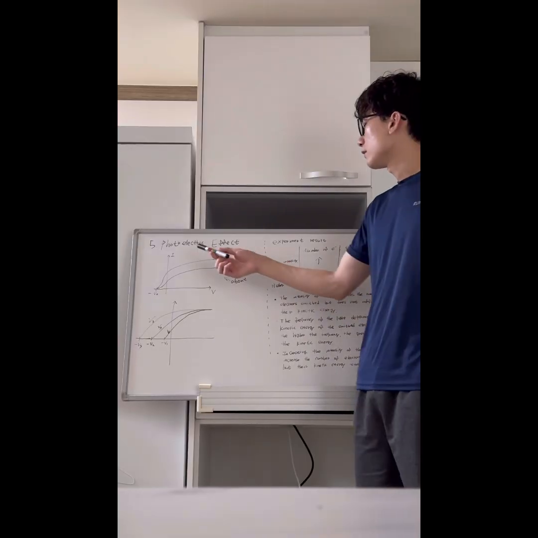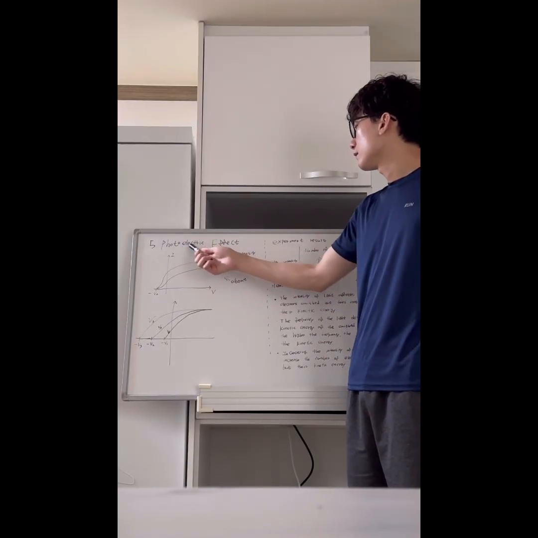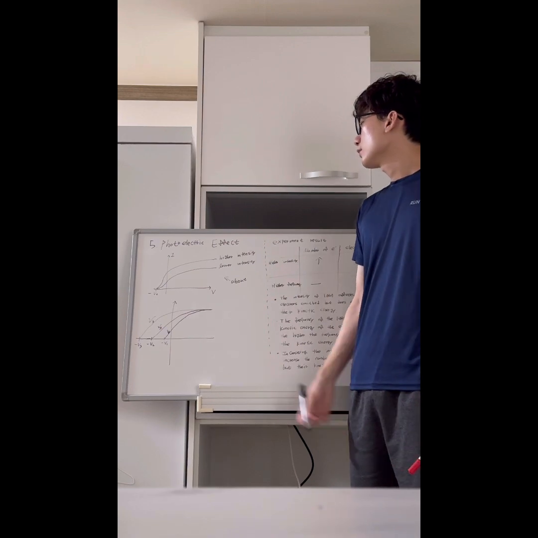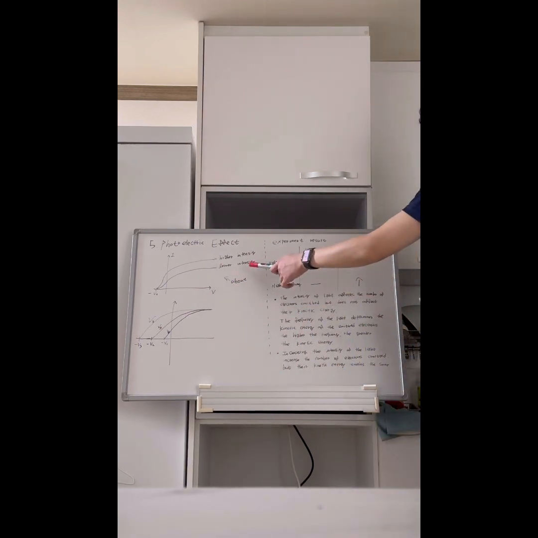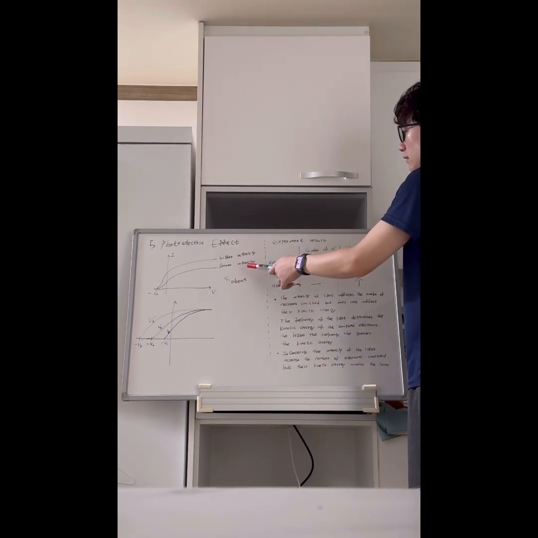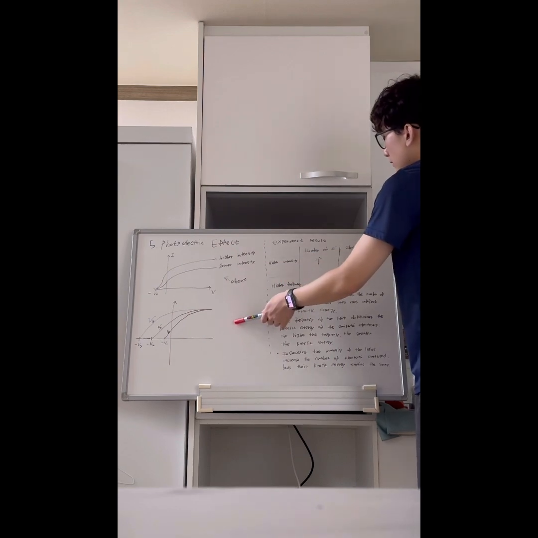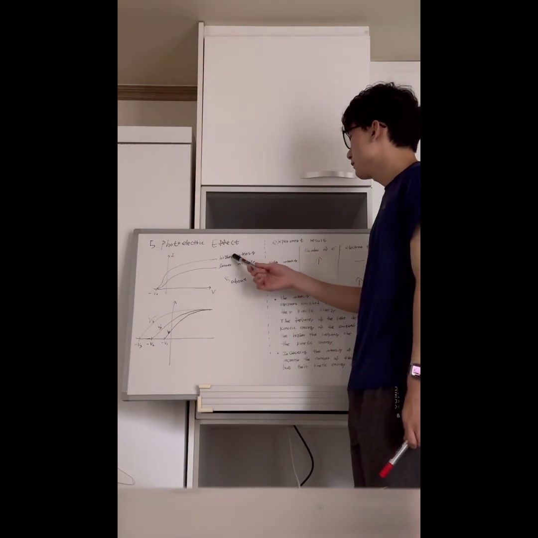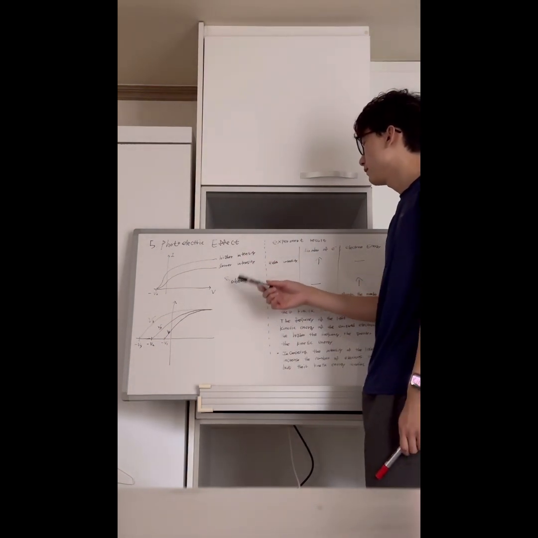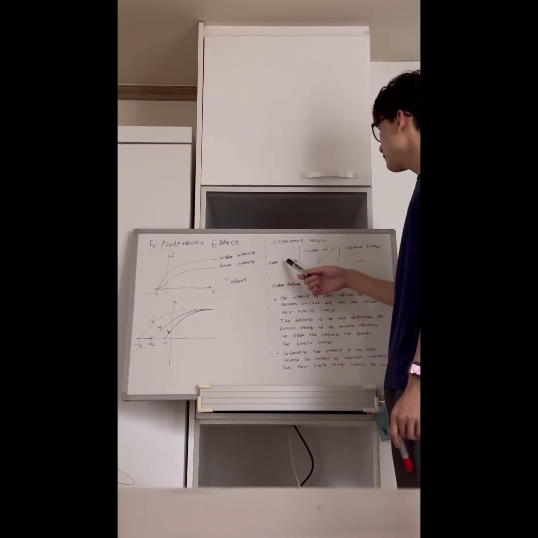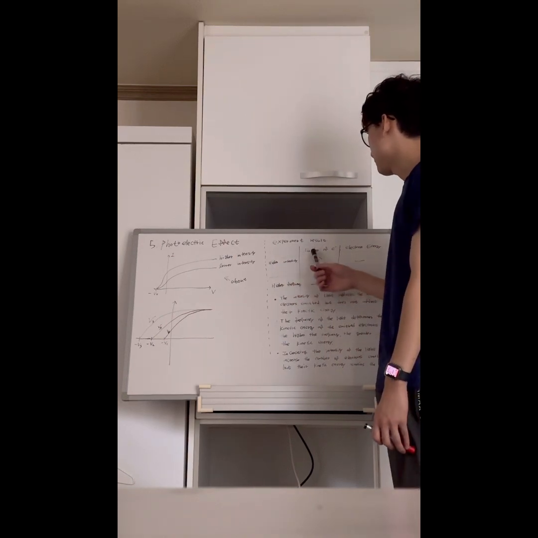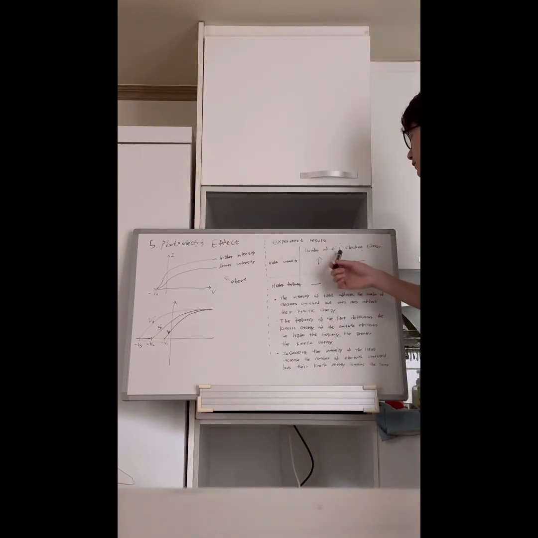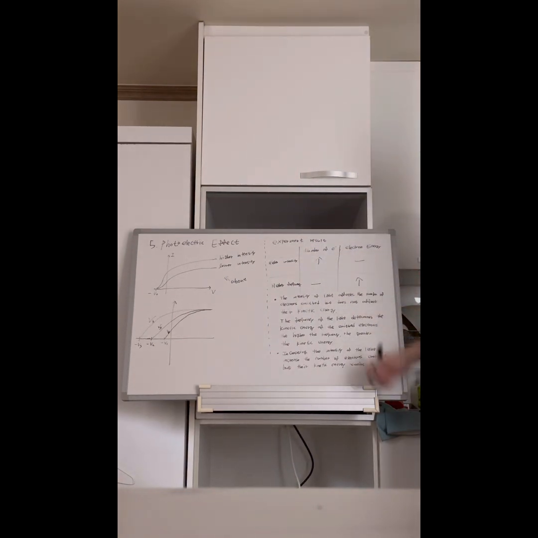And next, number 5, is the photoelectric effect. This one is about intensity, and this one is about frequency. Higher intensity and lower intensity: higher intensity has a higher number of electrons, but it doesn't change electron energy.